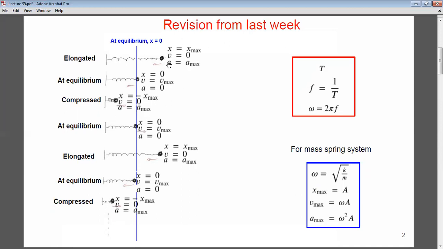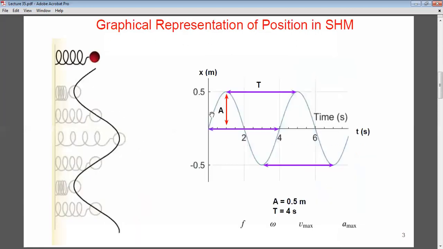Because at the maximum elongation, v will be 0, a will be a maximum. So you don't have to try to do any calculations. It is at the maximum position, so v equals 0, a equals a maximum. It is at equilibrium, so v equals v maximum, a equals 0. It is at the minimum compression, so v equals 0, a equals a maximum, okay?